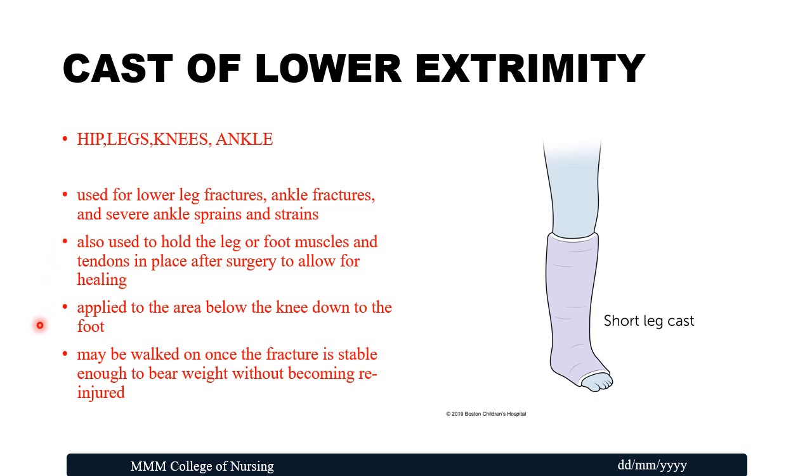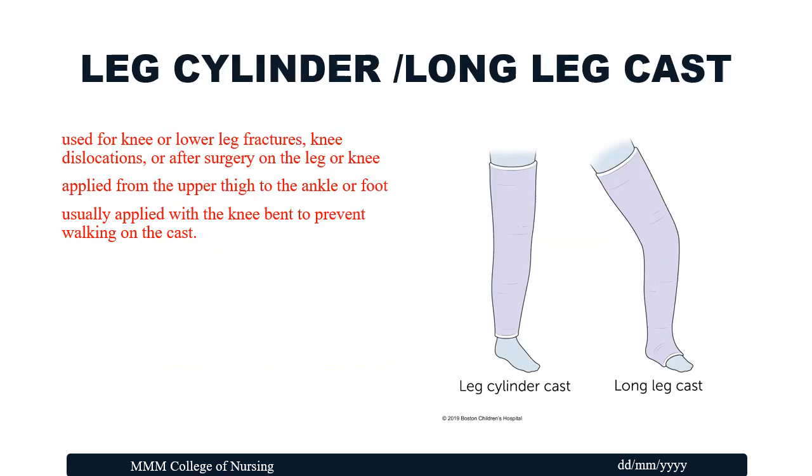It is applied to the area below the knee down to the foot. The person may walk on it once the fracture is stable enough to bear weight without becoming re-injured.